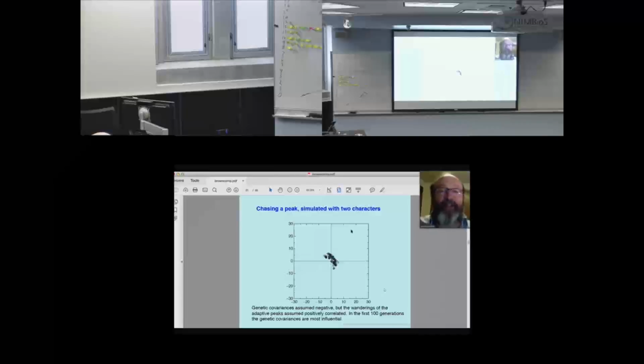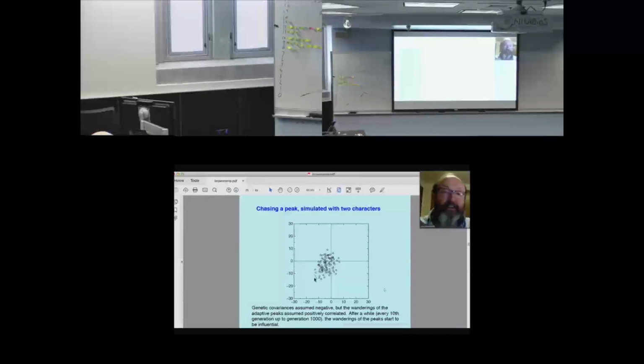So the peak is going to be wandering up and down mostly near the principal diagonal, the 45-degree line. So if we go forwards, now not the first 100 generations, but the first 1,000 generations, I showed you every generation for the first 100. Now I'm plotting every 10th generation. So there's still 100 points, but they're now spread over a bigger time scale.